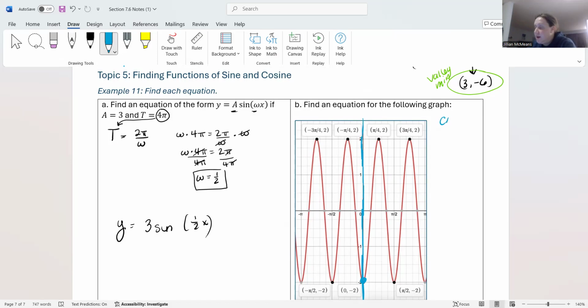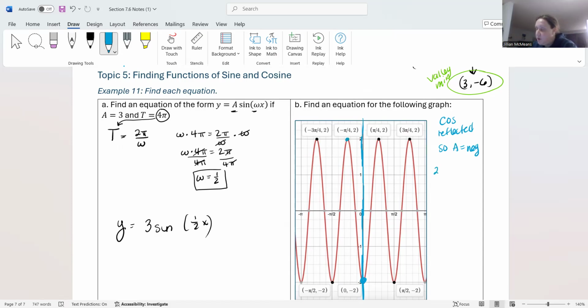Okay, so I can tell you right now, I know I'm dealing with cosine, and I know that cosine has been reflected. So I'm dealing with a reflected version of cosine. So A is negative. Now, when we're looking for what A is, it's basically half the distance between the max and the min. So if I look here, I have a max at 2 and a min at -2.